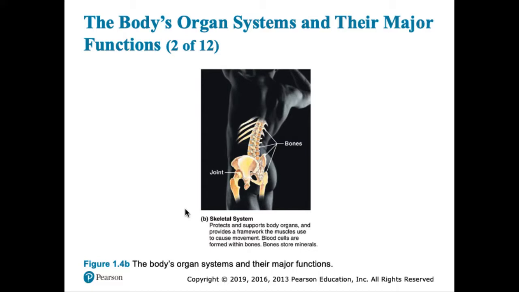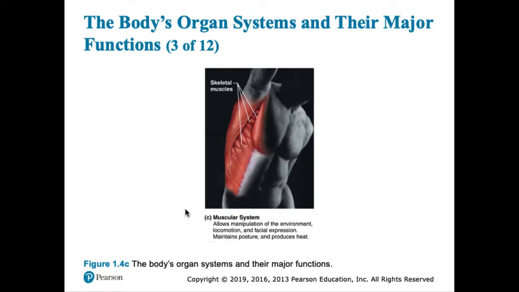We need our blood cells for a lot of reasons, and our cardiovascular system is going to utilize that. But the blood is actually formed in there, so we need those. Also, bones will store those minerals that we need. You heard me mention calcium before, amongst other things that it's going to absorb. But the skeletal system, of course, is important and works with other systems like we talked about.